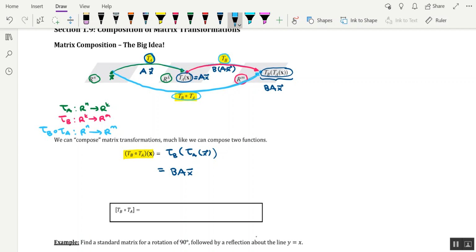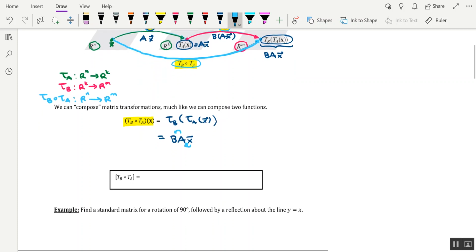If you think backwards still, B times A times x, what's really happening here is x is being transformed by the matrix A, and then that resulting vector is being transformed by the matrix B. You could alternatively figure out what the product of B times A is and then multiply it to the vector x, and you would have the same net effect. So that's what composition of matrix transformations really boils down to. It's the product of the standard matrices involved in each of the transformations. But order is important, as we'll see in another video.